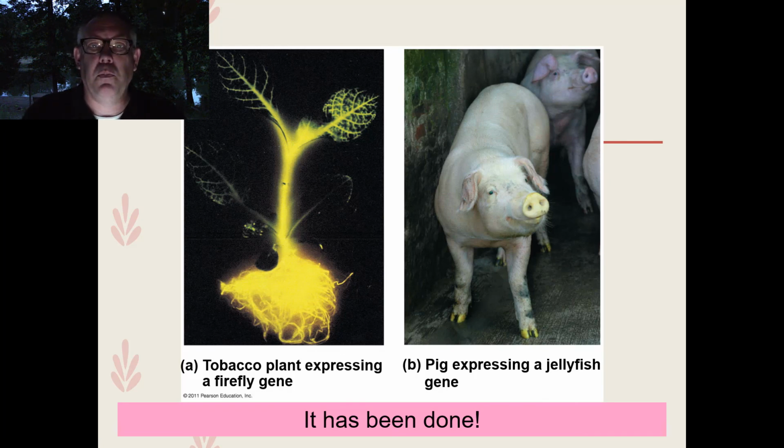So what that means is you probably put that jellyfish gene right next to a gene that makes keratin, right? Because keratin's that tough protein that you find in hooves, and a pig's snout is going to be tough. So you probably got that gene right next to that keratin gene. Whenever the keratin gene got turned on, so did the jellyfish gene, and it made them color up like that. Pretty cool.